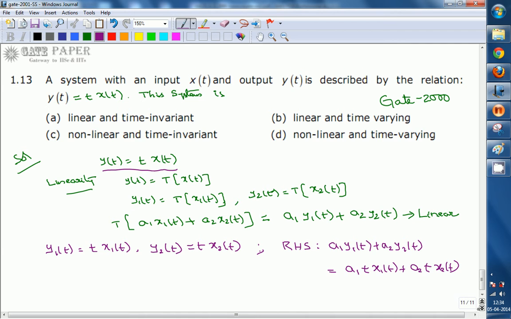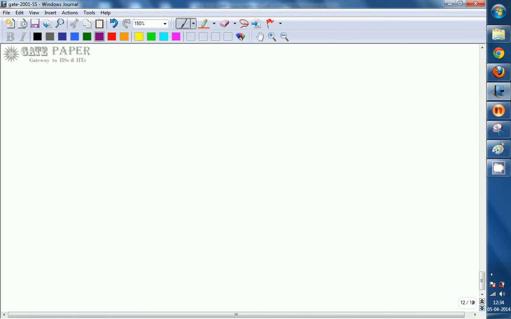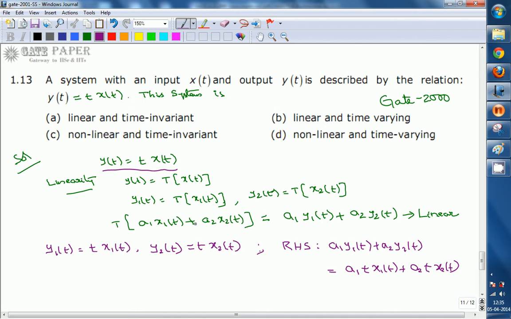Coming to the left-hand side, LHS, this is the transformation on a1·x1(t) + a2·x2(t). It is obtained from the expression: it is given that y(t) is the transformation on x(t), using y(t) = t·x(t).